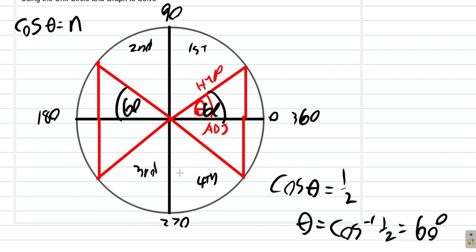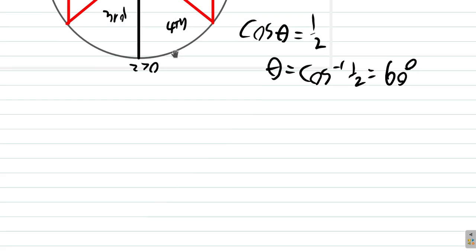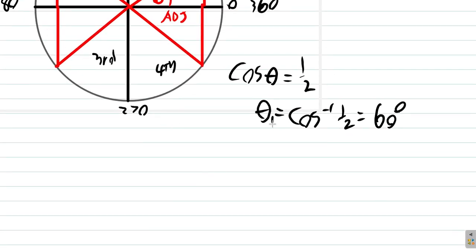See that? But you measure the angles from zero in an anti-clockwise direction. So you go this way. What is this angle? Well, you get it if you go 180 and then you back off by 60. So 180 minus 60.